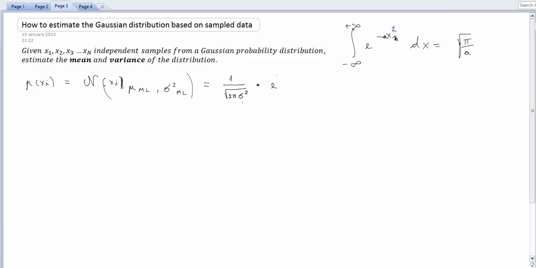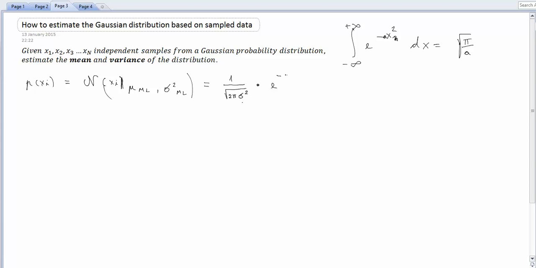If I'm going to have an integral over the normal distribution, it has to be e to the power of minus, and then I have to have something here that will cancel itself out with 2 pi sigma squared.